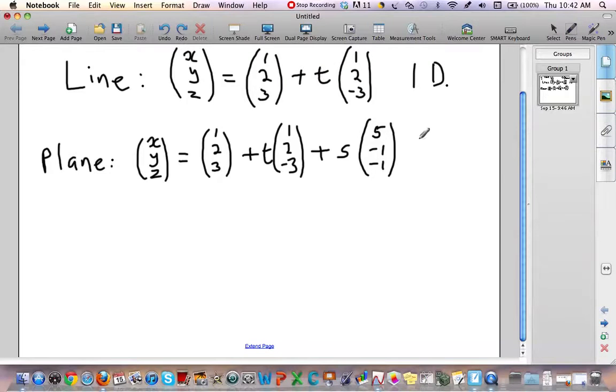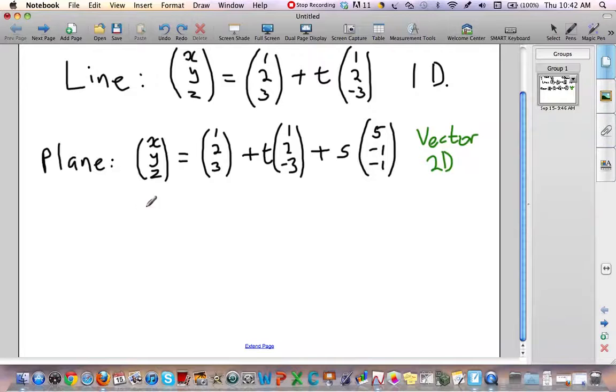And so what we have over here is our vector equation, and hopefully it's fairly obvious that what we're representing is two dimensions, length and width, just as we would in a regular coordinate plane or Cartesian plane.